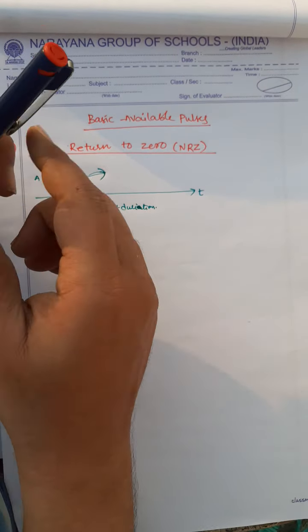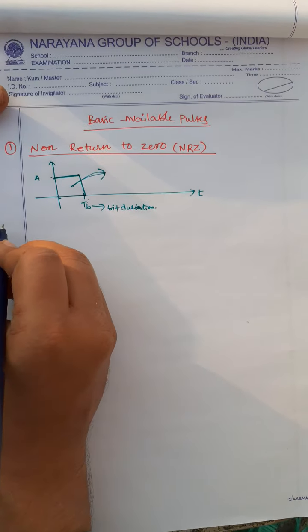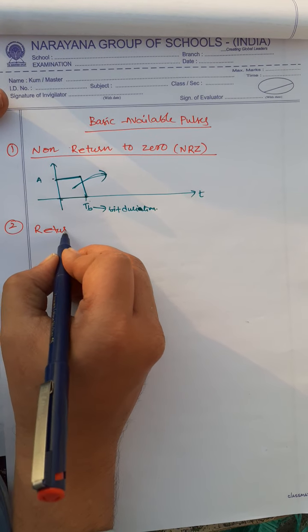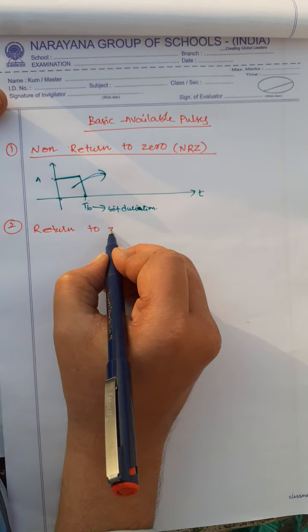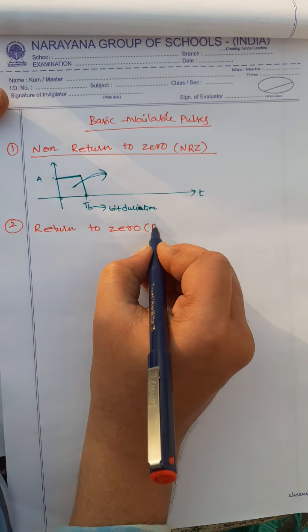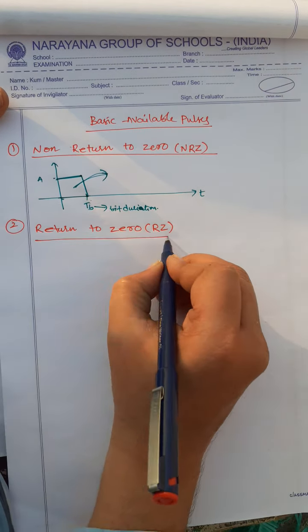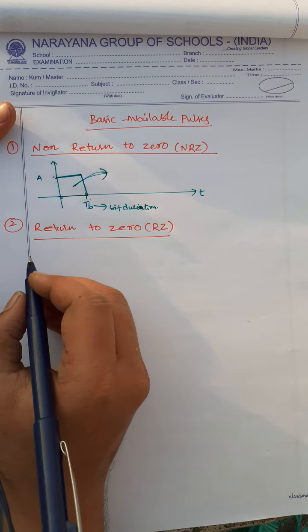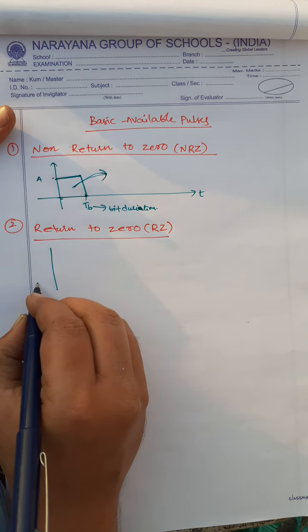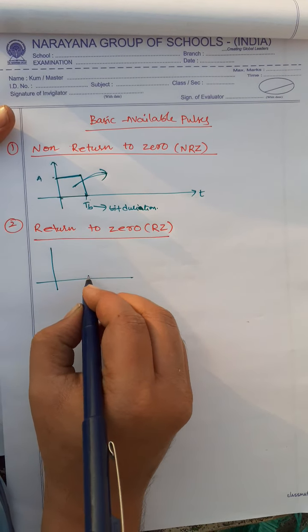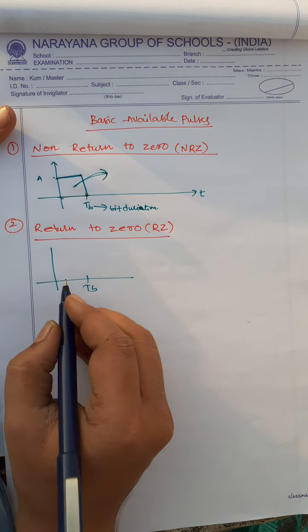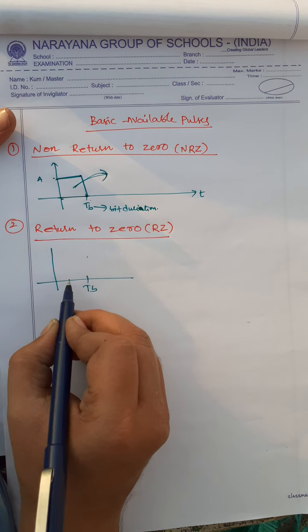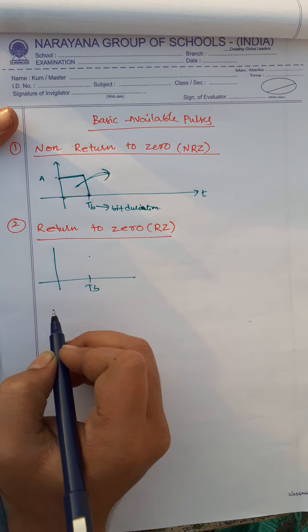Now the next pulse is return to zero, RZ. In the return to zero pulse, this is my TB duration. Remember, within the TB duration, the pulse will be returned to the zero level.